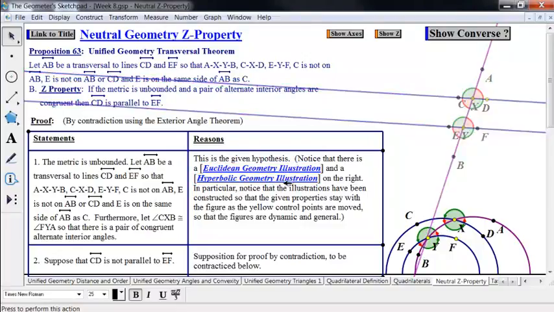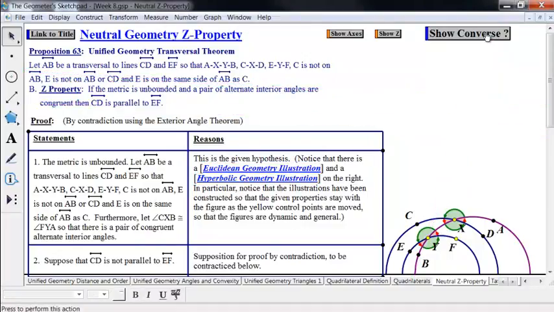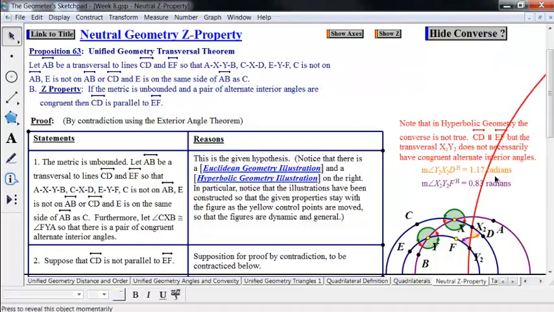So I'll hide the Euclidean part, take a look at the hyperbolic, and we can look here, I've drawn another transversal here, and let the points of intersection be x2 and y2 with lines CD and EF. Now we know CD and EF are parallel.